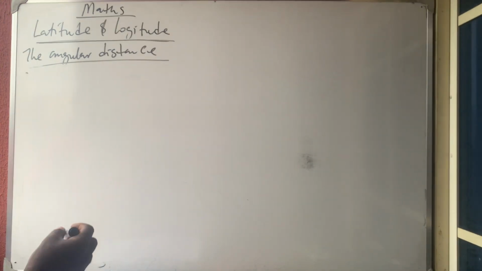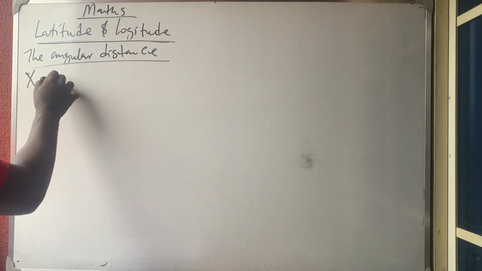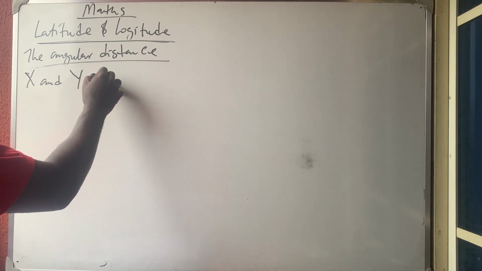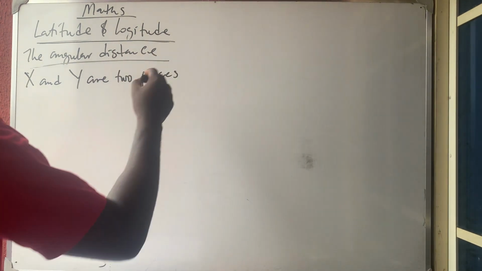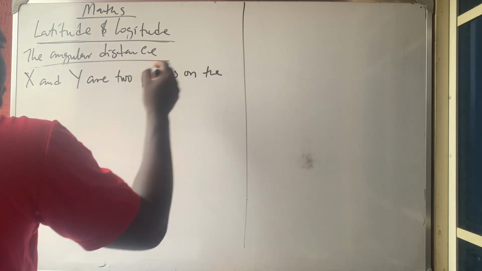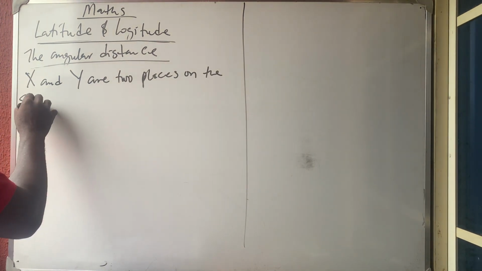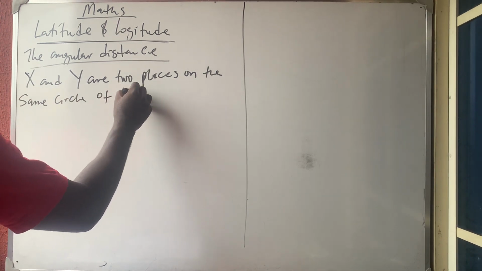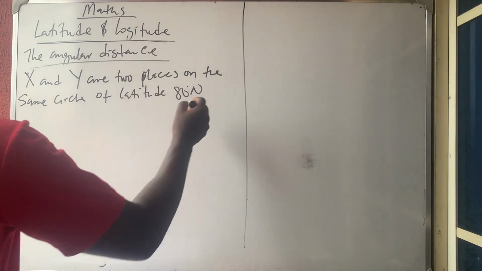So the next one. They say that x and y are two places on the same circle of latitude 80 degrees north.